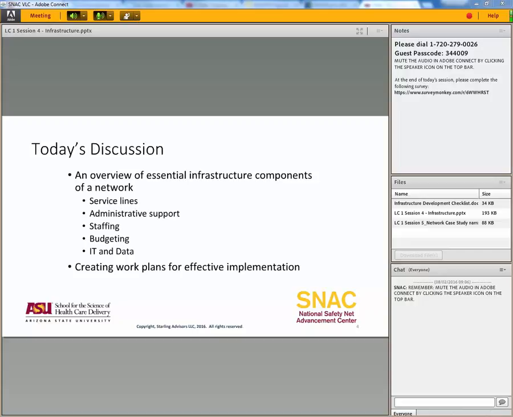So in today's conversation, we're going to talk about the types of things that a network will typically do to support its members. There's a lot of flexibility in this, and there's absolutely no one-size-fits-all model. So we've really tried to focus on some of the highest value things that we see networks taking on behalf of their members.